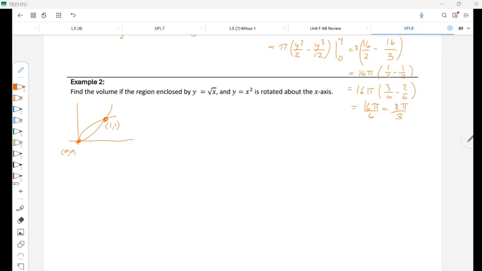Because we're squaring separately in this formula, if you don't identify the upper function correctly, you'll get a negative answer. So we do need to identify the upper function correctly. That's easy. It is the square root of x. This is just going to be the integral from 0 to 1 of pi on the outside, square root of x squared minus x squared dx.